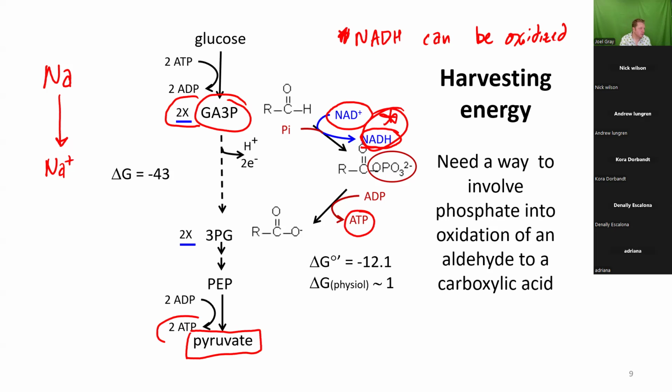From glycolysis, what we get are two NADH, because remember, as soon as we get to glyceraldehyde 3-phosphate, everything that we do happens 2x. So we get two NADH, then two ATP, then we're back down here making ATP. So NADH and ATP are your high energy compounds from glycolysis.